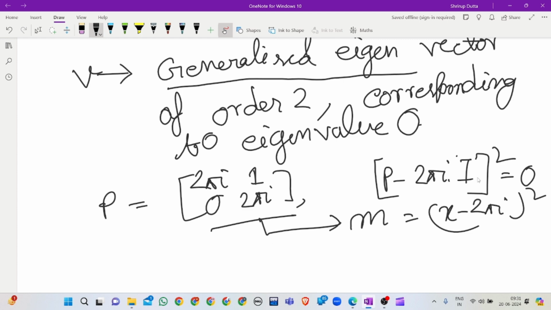P minus 2 pi i times the identity is a nilpotent matrix of order 2. So corresponding to eigenvalue 2 pi i, we will get 1 eigenvector, and another vector is a generalized eigenvector of order 2 corresponding to eigenvalue 2 pi i.